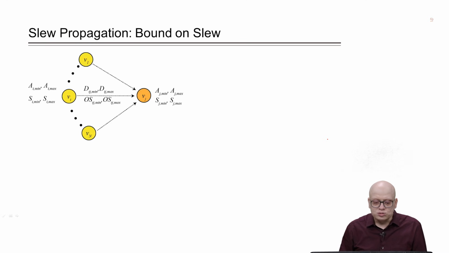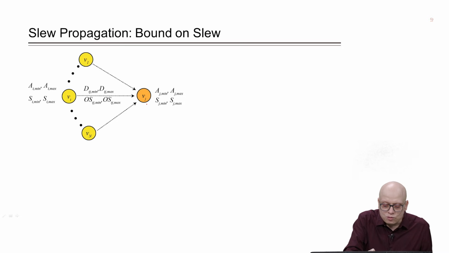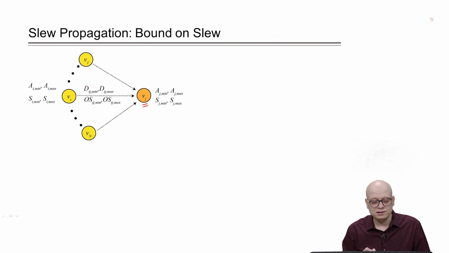So, now let us look into how the bounds are computed, right. So, let us assume that there is a timing graph and Vj is one of the vertices, let us call this the output vertex, and then these are the incoming vertices V1 to Vi to Vn. There are n incoming vertices, right.